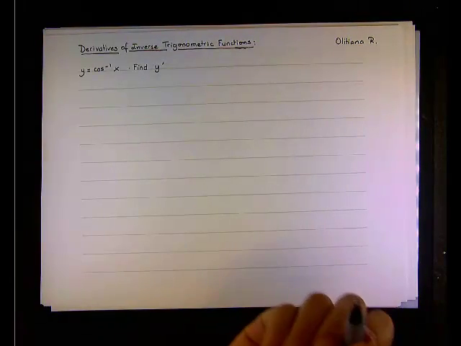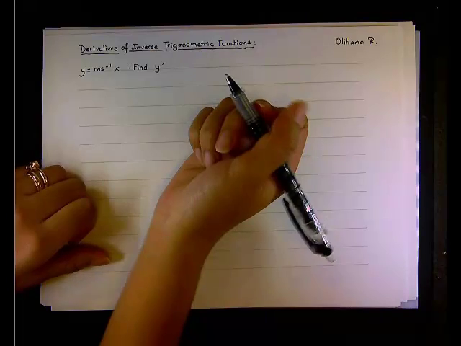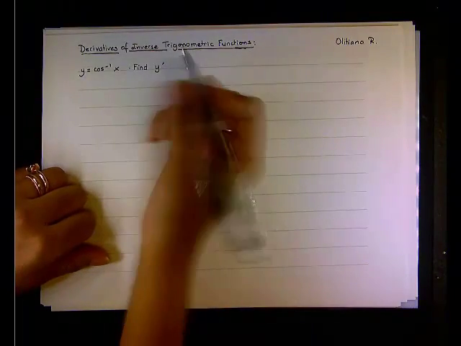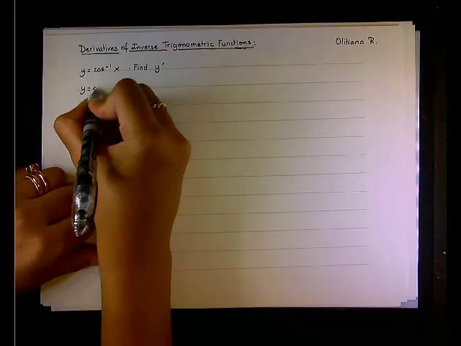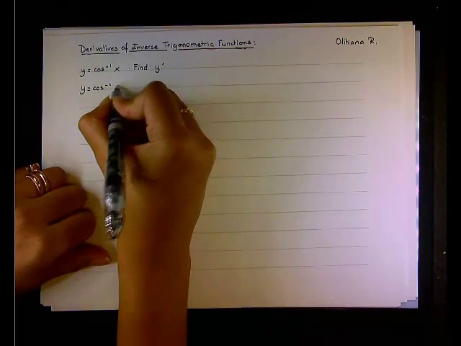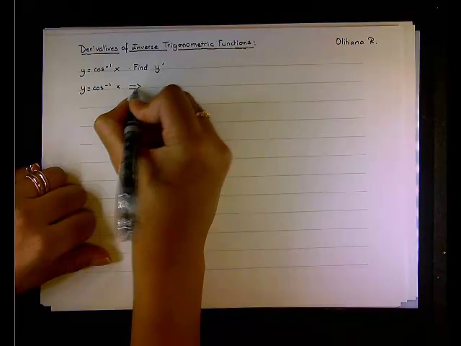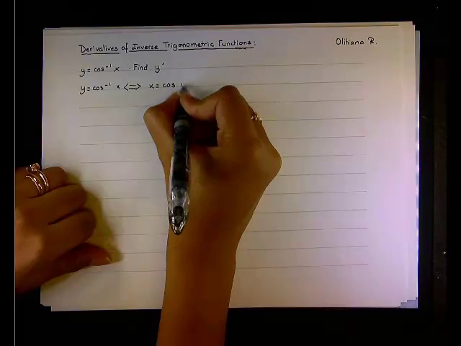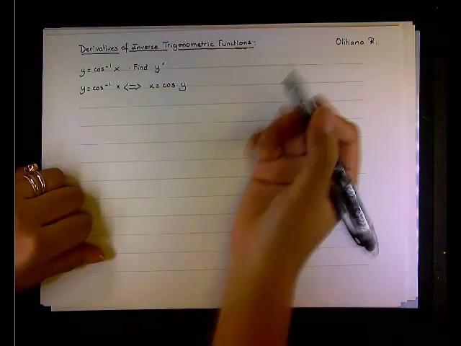Okay, y is equal to the inverse of cosine x. Find the derivative of y. This is the same thing as x equals cosine of y.